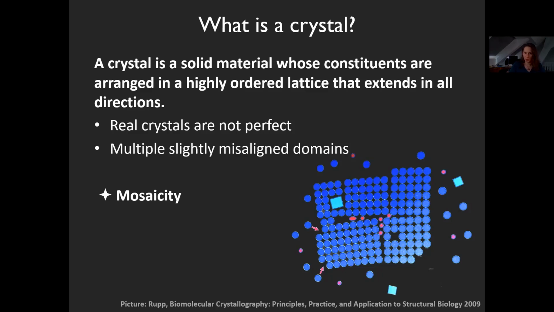Bernhard Rupp, from whom the quote is that I just told you about the NIH and the 1 million US dollars, also made this picture, which kind of shows you this concept of mosaicity. So, because proteins are flexible and wobbly and the interactions are rather weak, crystals really are not perfect, and protein crystals are messy.